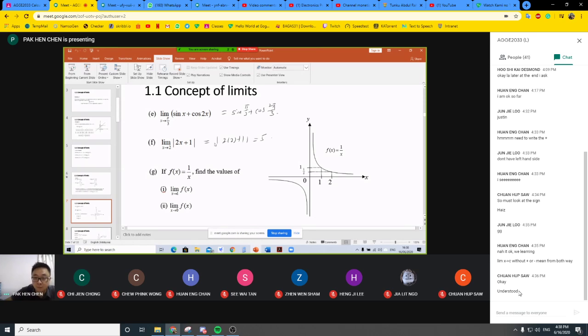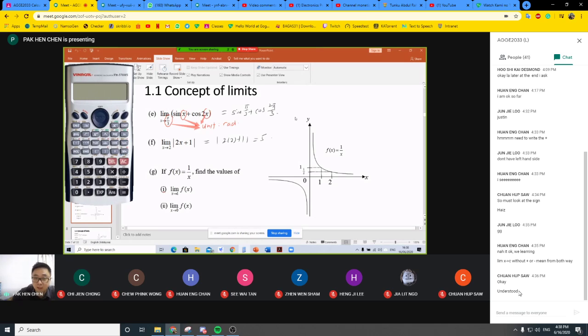Then for this one, sine pi over 3, remember in calculus, normally all the angles that we are going to substitute, all their units are in terms of radian. So please remember that when we want to get this value, you have to convert your calculator to radian mode.